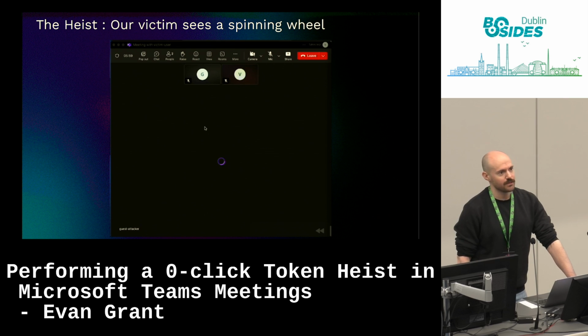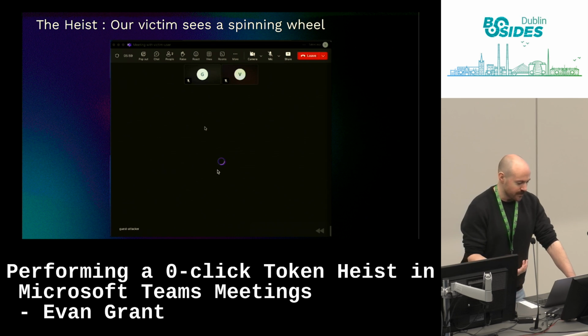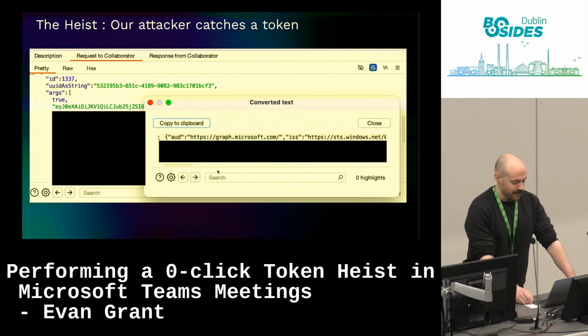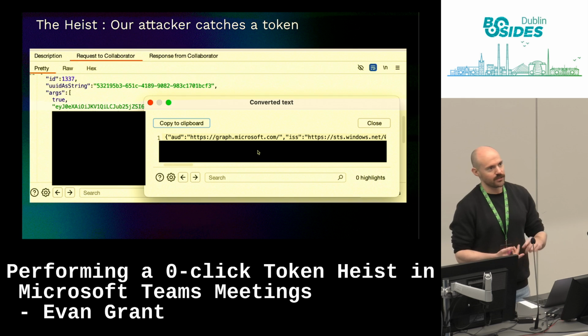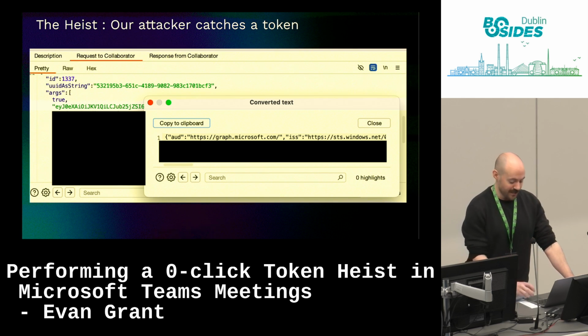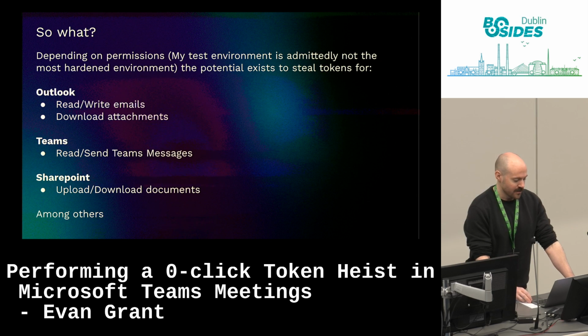And they'll immediately be able to run a payload, which you see as a little spinning circle there. That's the JavaScript running. And what that is doing in the background is grabbing the access token for graph.microsoft.com. It could do it for SharePoint or Outlook or Teams. And it's grabbing that token and sending it back to the attacker.